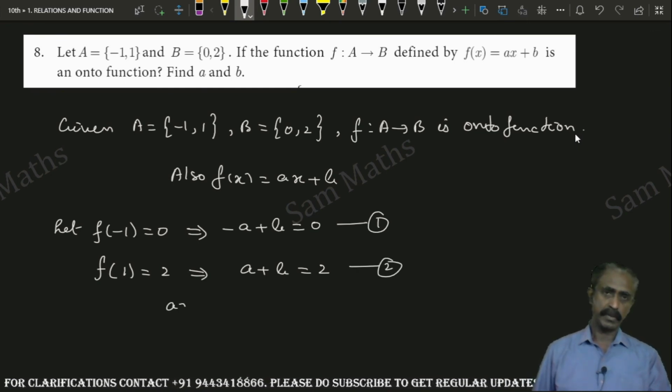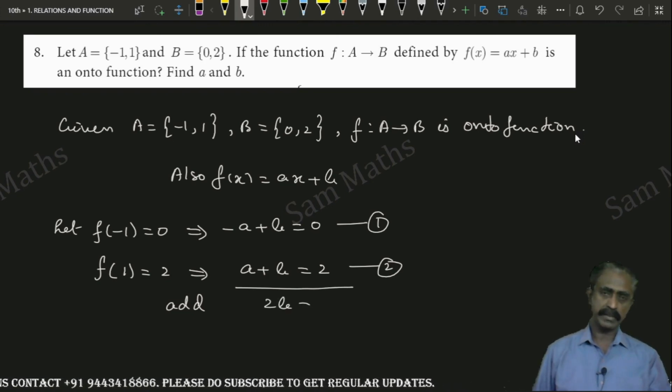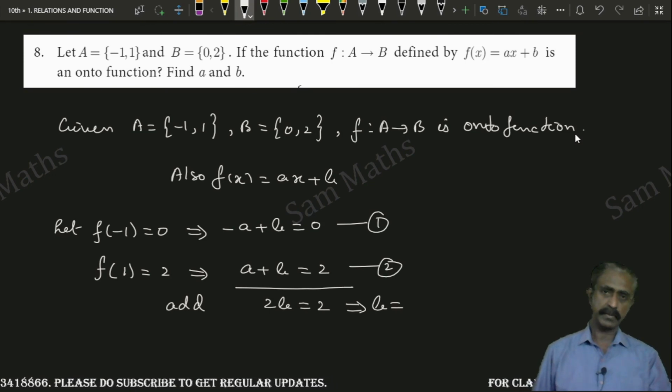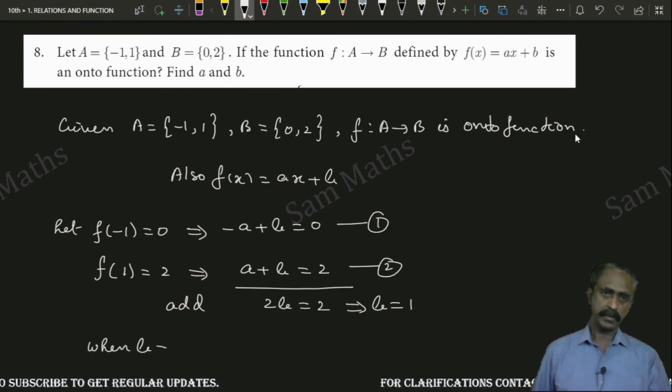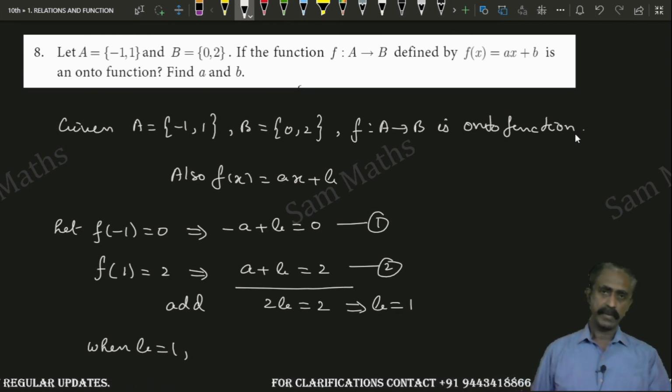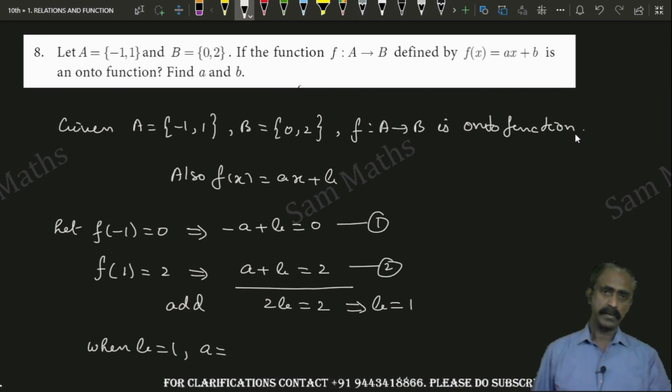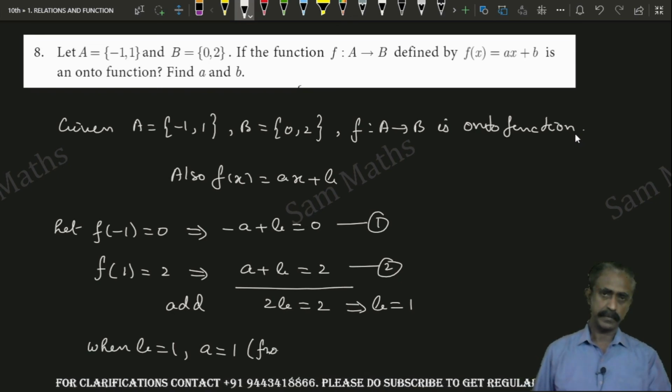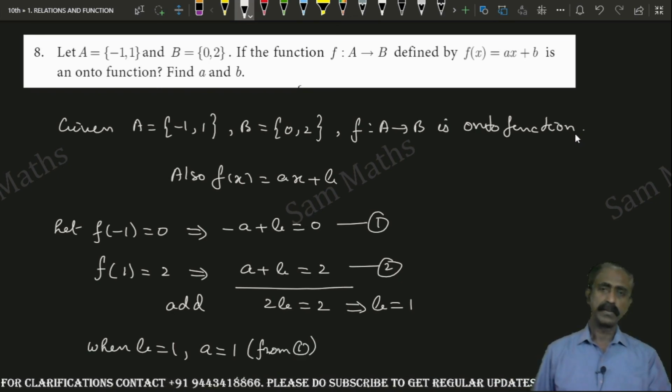You can add both. If you are adding both, we are getting 2b is equal to 2, which implies b is equal to 1. When b is equal to 1, we are getting from the first one a is equal to 1 itself.